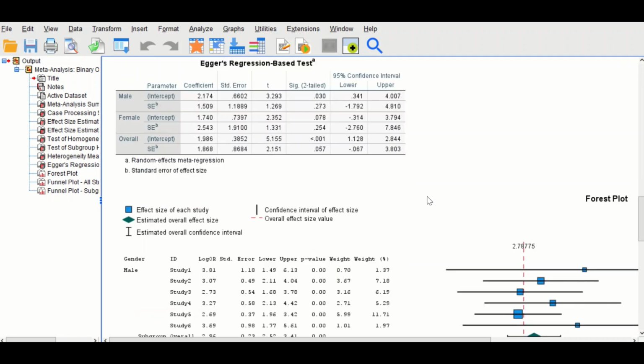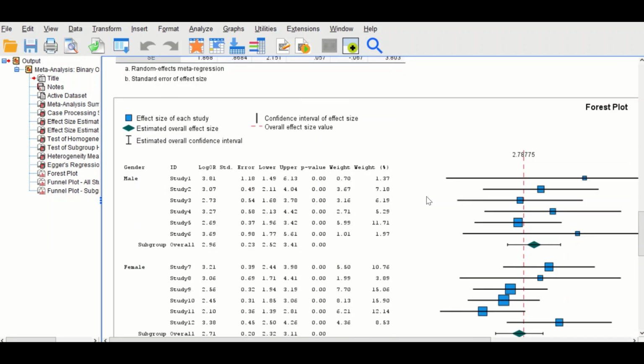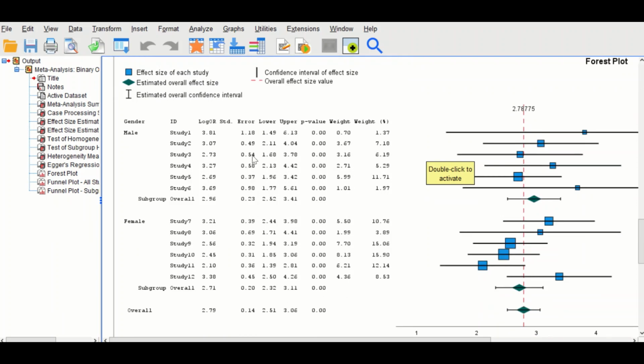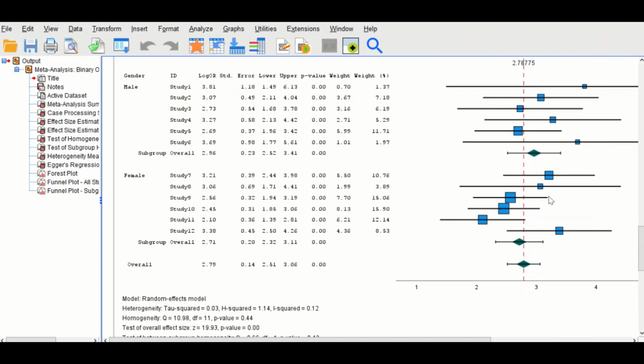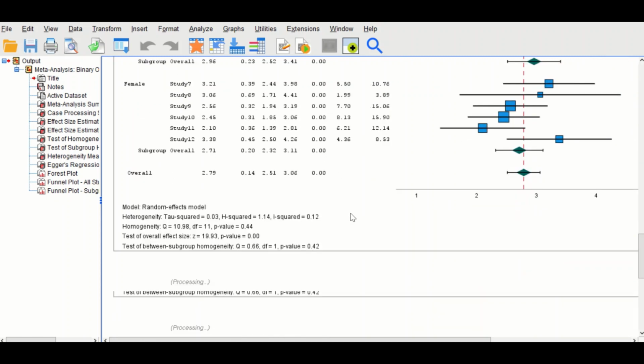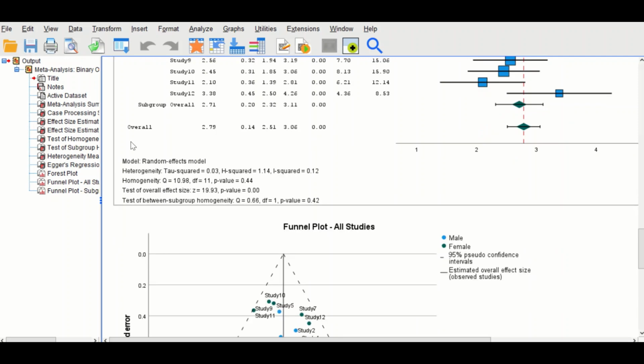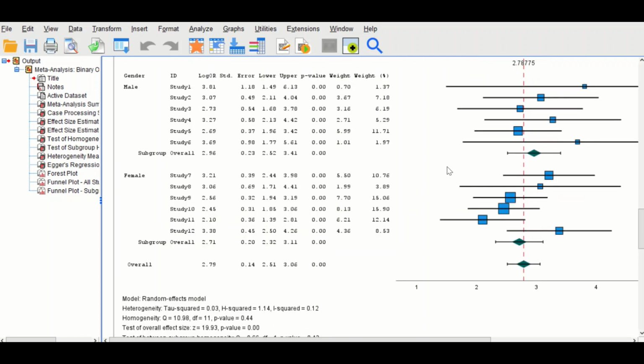Scrolling down to the forest plot diagram, as shown here, this plot consists of three sections. The first section here is a descriptive section, a statistical description, a diagrammatic representation, and a third one, which is the overall estimate effect size and the test of heterogeneity.